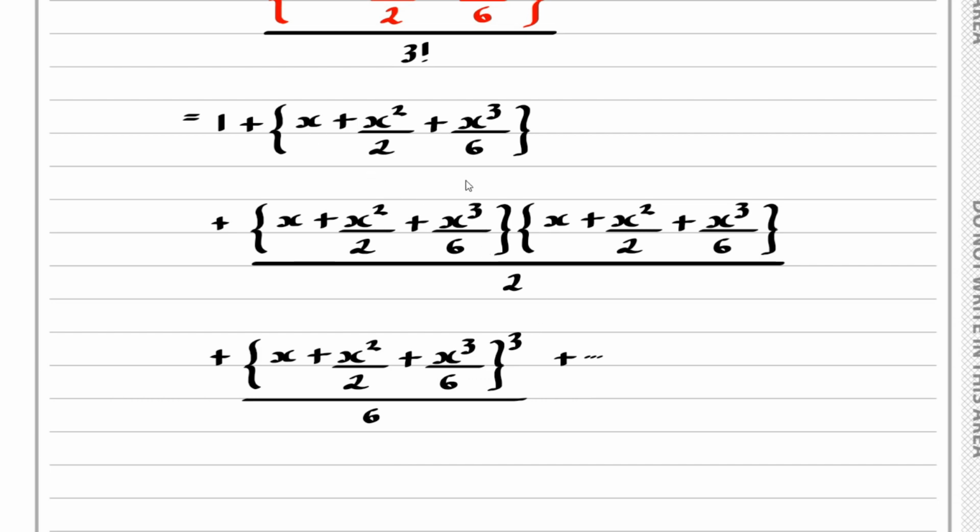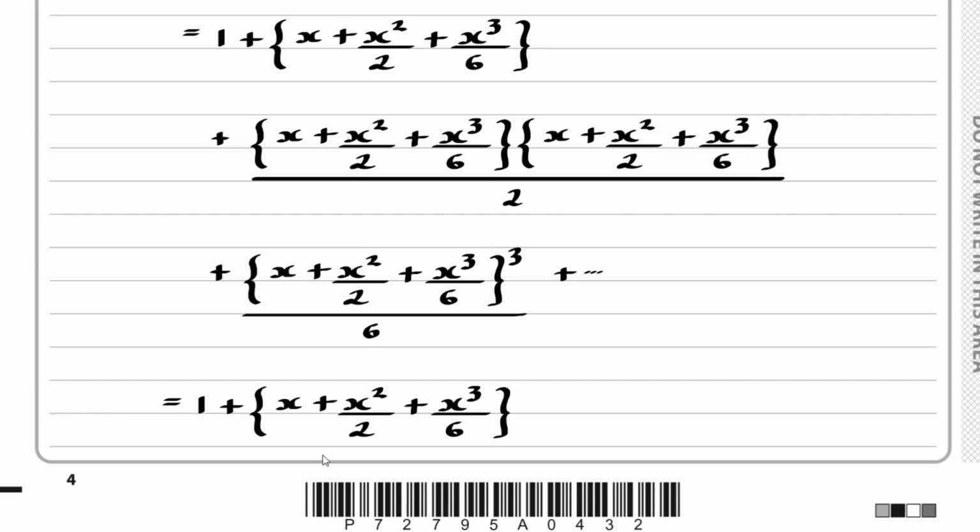So now let's try to simplify this as much as possible. Well, we've got this 1, and then we've got this x + x²/2 + x³/6. But now, what I need to do is multiply these two brackets up to and including the terms involving x³. So, we have x times x, which is x². Then we have x times x²/2, which is x³/2.